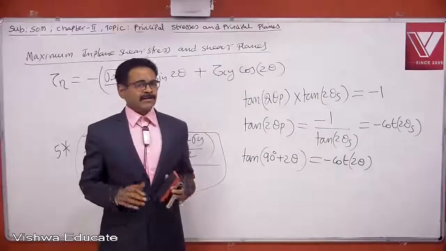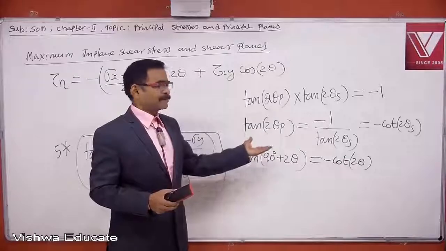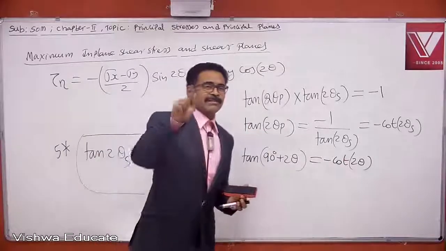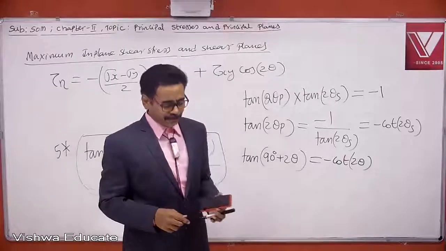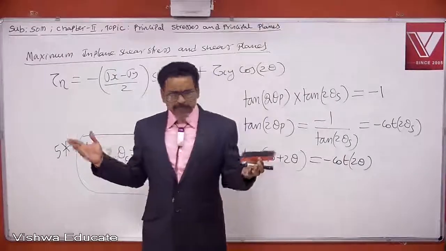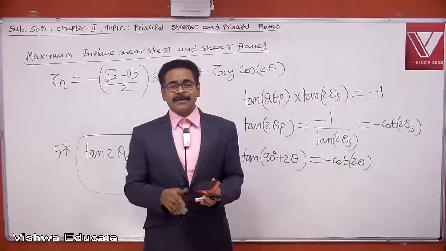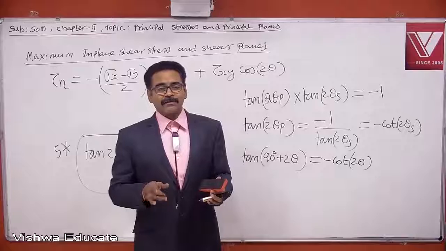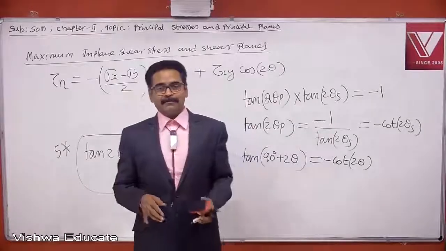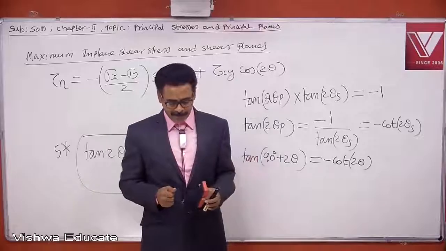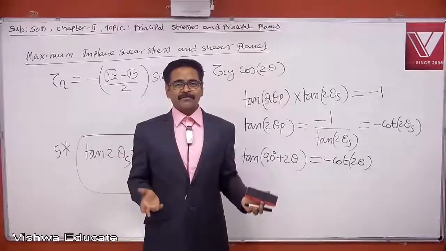For getting minus cot, I have to add 90 here. That means the phase difference between 2 theta p and 2 theta s is 90 degrees. If the phase difference between 2 theta p and 2 theta s is 90 degrees, what is the phase difference between theta p and theta s? 45 degrees. For 2 theta, 90 degrees. For 1 theta, 45 degrees.